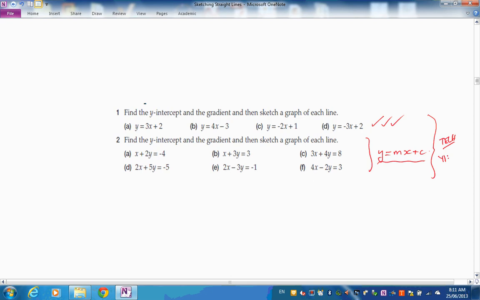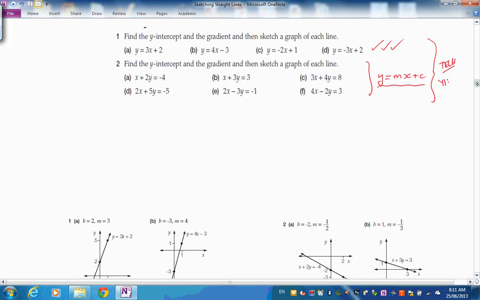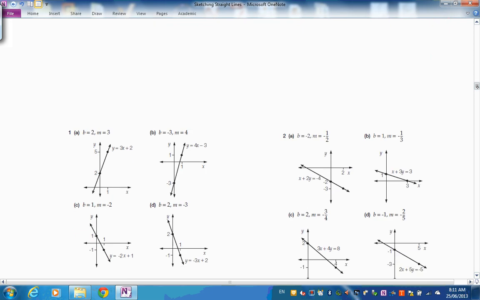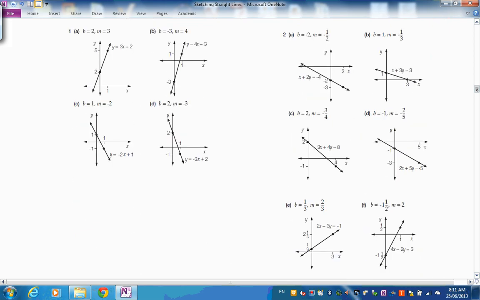I'm going to go on because down below here, come on down with me now, the answers. So here they are. I'll bring them all up so you can see all of them. So that's what you should end up with for your graphs. So check them carefully. In this batch here in question 2, check that you got the right rearrangement. They put the formula for the line as it was.